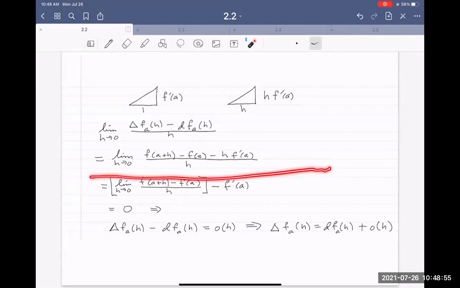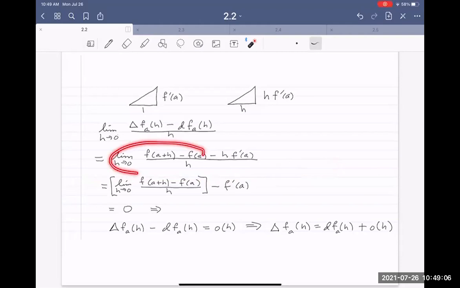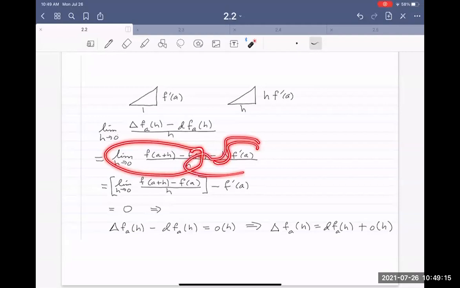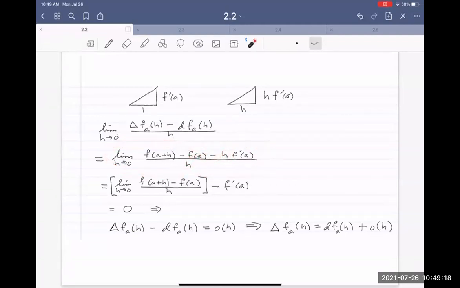So this is equal to the limit as h approaches 0 of (f of a plus h minus f of a minus h f prime at a) divided by h, which by the properties of the limit is just this limit minus this limit. But the h's cancel here. So this is the limit as h approaches 0 of (f of a plus h minus f of a) over h, minus this guy. These cancel, and you take the limit as h approaches 0 of a constant. So it's just equal to that constant.